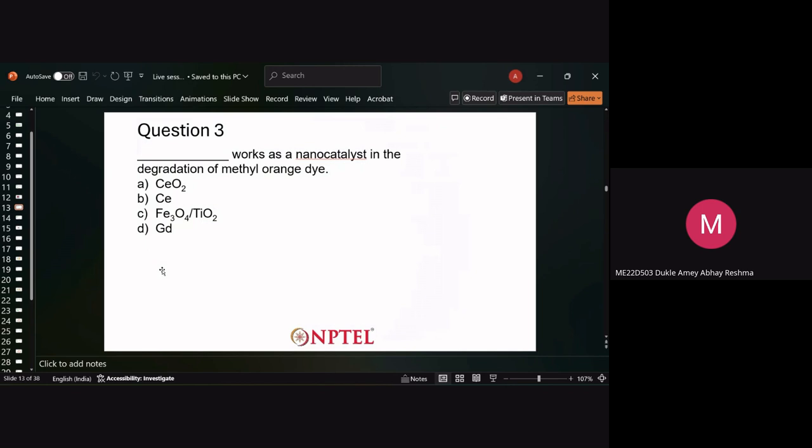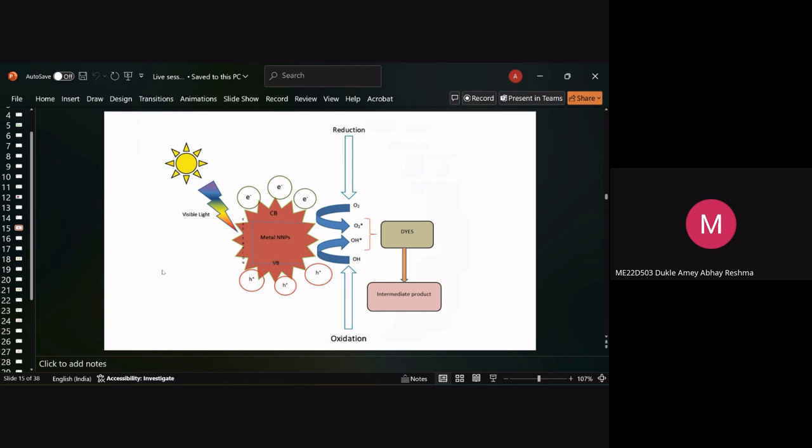Dash works as a nanocatalyst in degradation of the methyl orange dye: cerium dioxide, ferrous oxide, titanium dioxide, gadolinium. So the answer is ferrous oxide, titanium dioxide. We already studied last week that titanium dioxide is used as a photocatalyst. Here they are using it in conjunction with ferrous oxide.